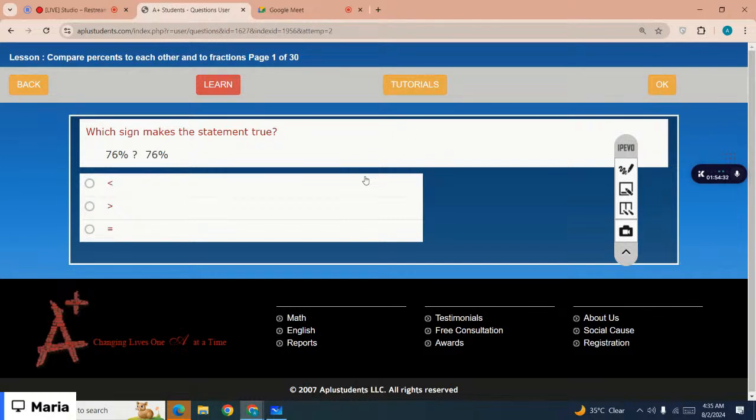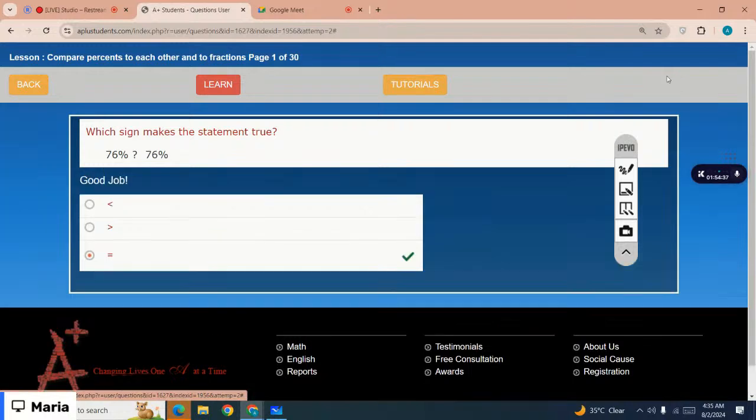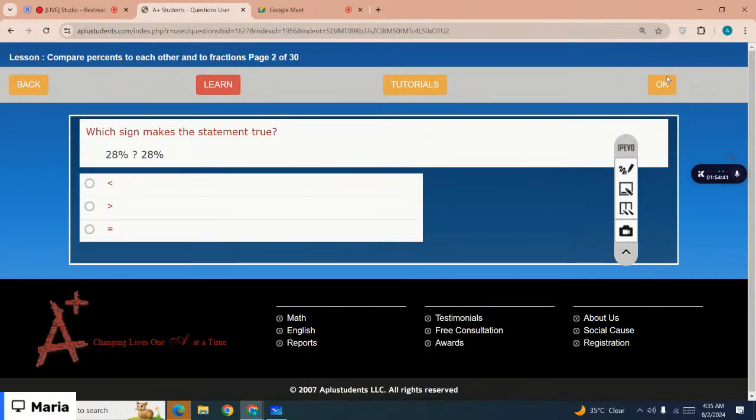Yes, they both are exactly equal. 76% is equal to 76%. Which sign makes the statement true, 28% and 28%?